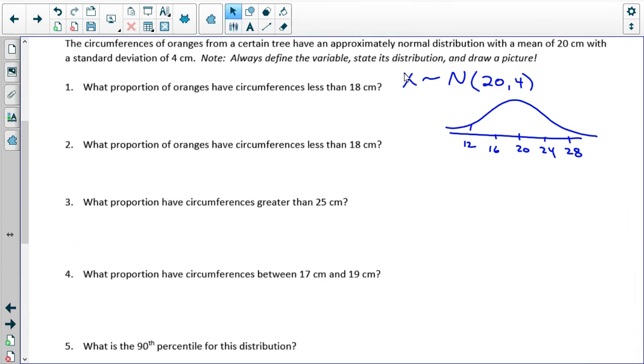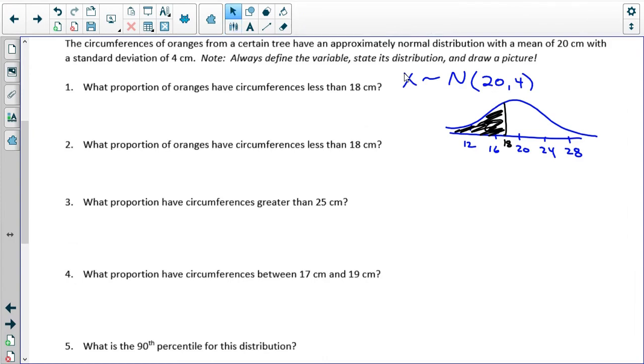If we draw a picture, it's going to be way easier for us to figure out whether my answer makes any sense. So I want less than 18. So there's 18. This is kind of what I want my picture to look like for number 1.